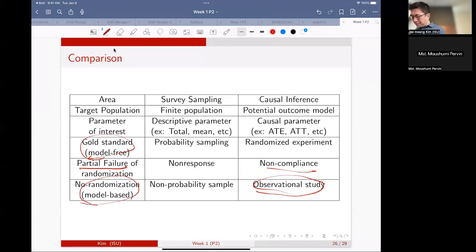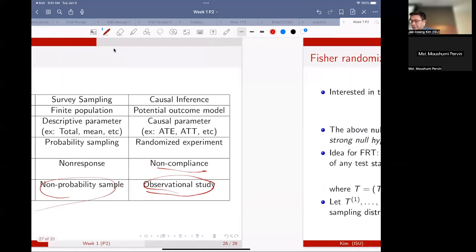Same thing happens with non-probability samples. Even though we know that a non-probability sample is not a representative sample, still, for several reasons, especially commercial vendors prefer to use non-probability samples. Then the conclusion from the data depends on the model assumption.